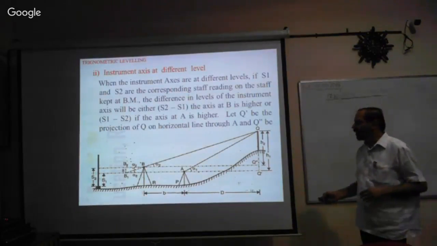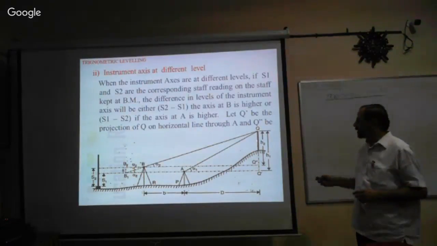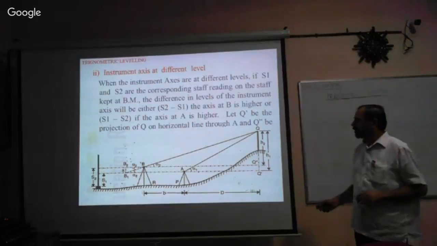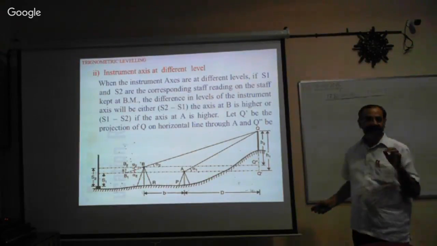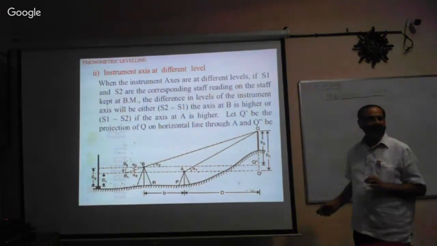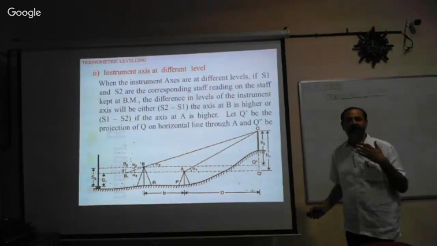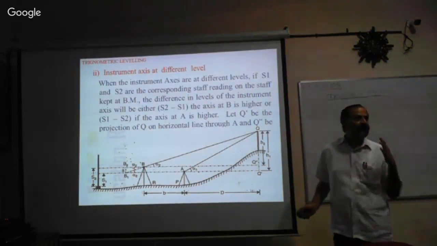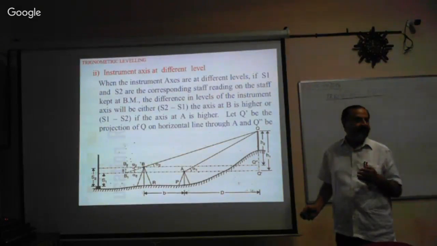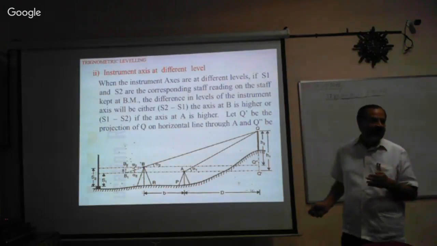So please remember here, in this method, I will explain in brief. Install the instrument at a convenient place, then perform all temporary adjustments, and make the line of sight horizontal, that is the vertical circle to read 0.